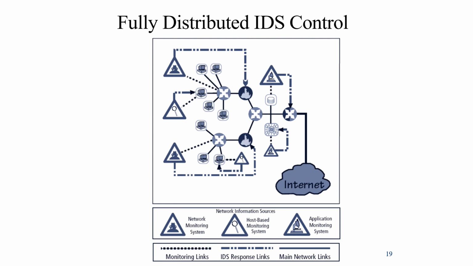This is the fully distributed IDS. These are the links here: IDS response link, main network links. This is the internet and the fully distributed setup. This icon stands for the network monitoring system, implemented here.